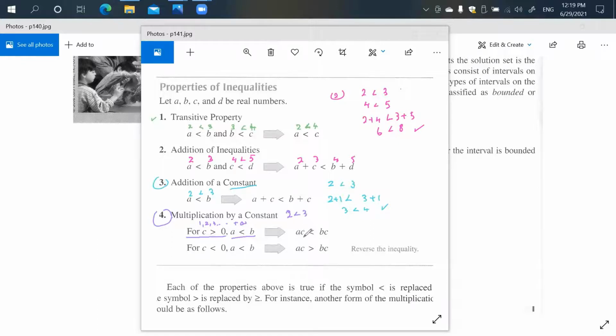Once you times C, which can be any number, on both sides, for example I times both sides with the number 2, it's going to be 2 times 2 less than 3 times 2, because you times 2 on both sides. So it becomes 4 less than 6. So it's true, correct? Okay, you understand this.